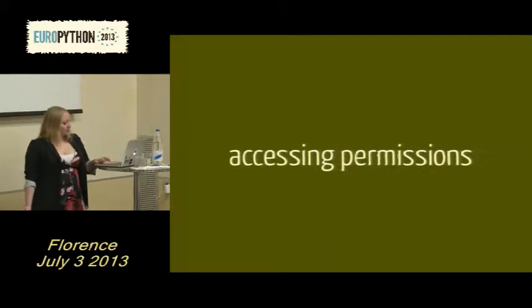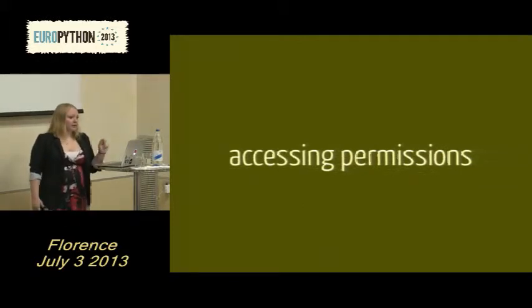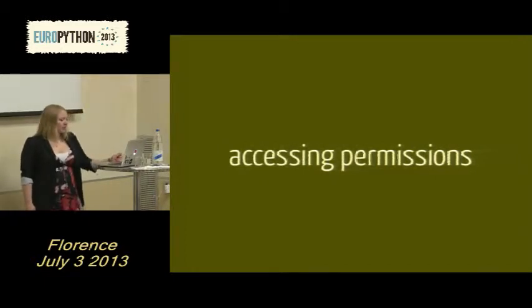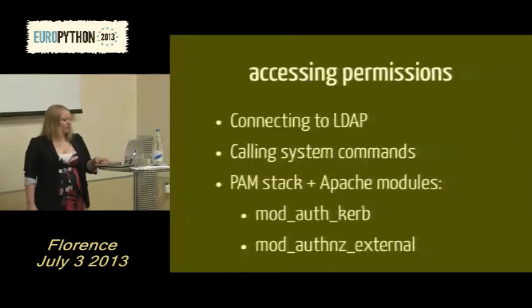So if you want to access permissions, typically LDAP holds users and groups through the memberOf parameter, right? So you can bind to LDAP to see what groups the user is a member of, and define what the authorization is for that user within your app logic. But there's actually a couple different ways.